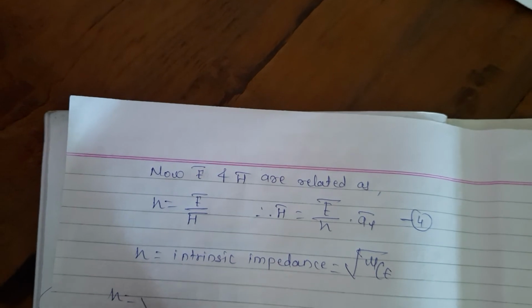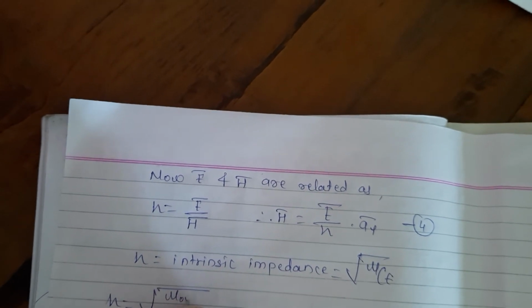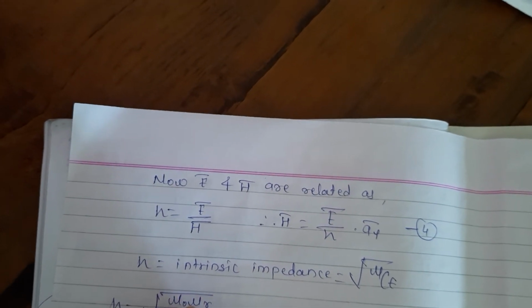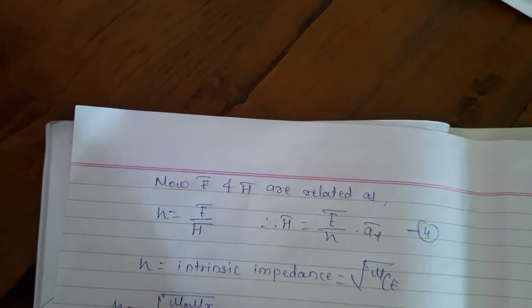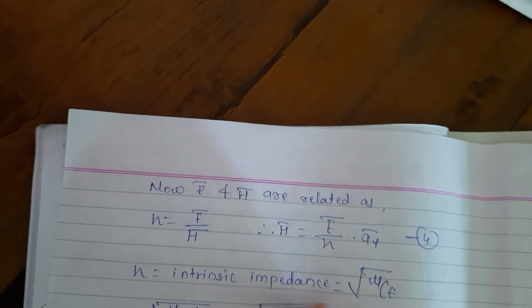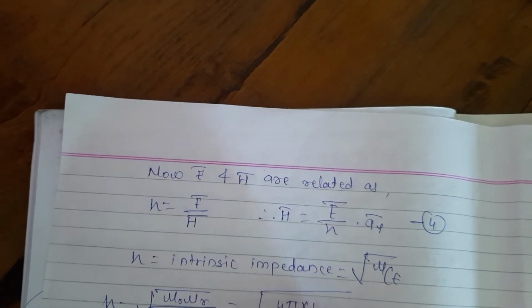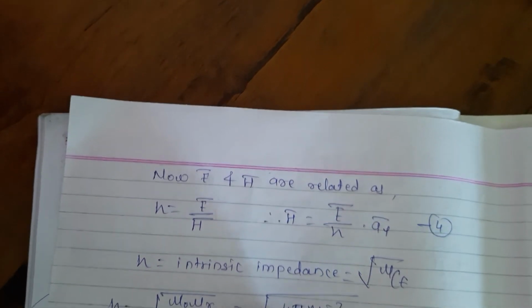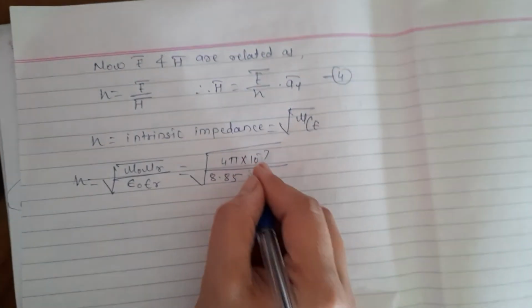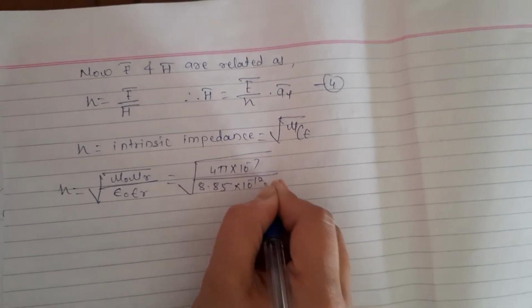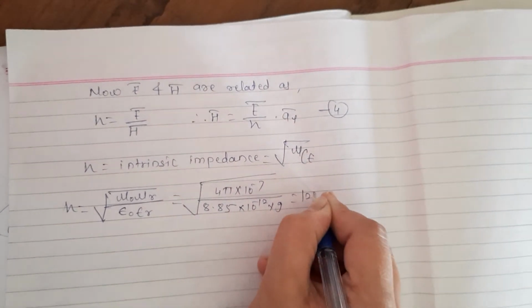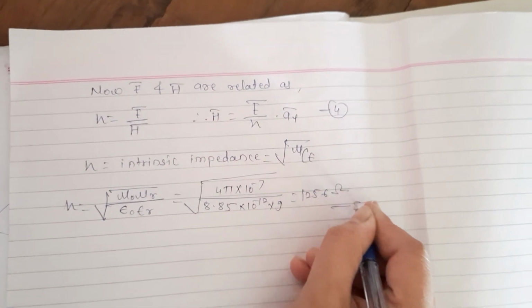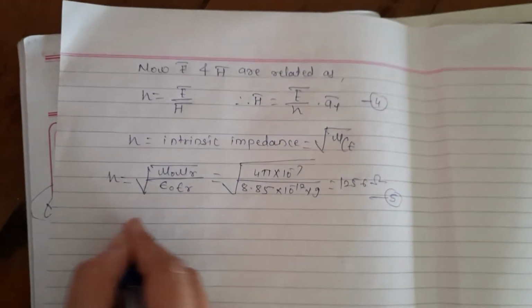So it is square root of mu 0 mu r divided by epsilon 0 epsilon r. Now substitute the values, 4 pi into 10 raised to minus 7 over 8.85 into 10 raised to minus 12 into 9, so it is 125.6 ohm. This is equation 5.